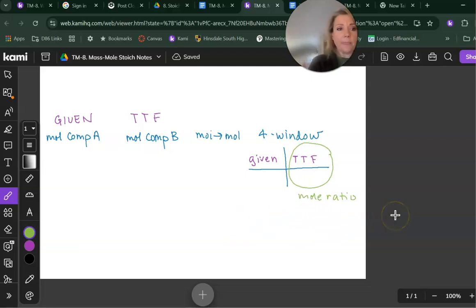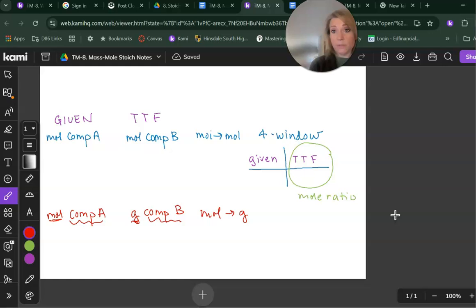So, if we are given moles of compound A and we want grams of compound B, now our units are different and our compounds are different. This is mole to gram or mole to mass, and this is a 6-window problem.